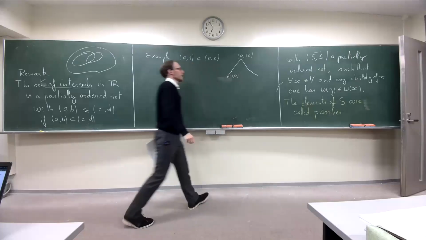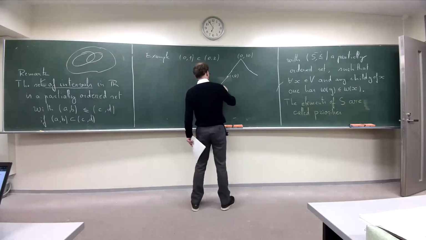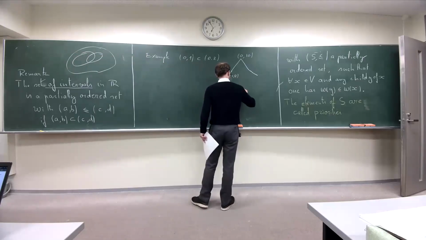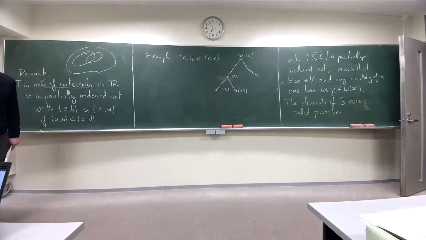And indeed, 1, 8 is included in 0, 10. Then I can take 2, 3, and another one, which is 4, 5. And you see here, these two children are not comparable.